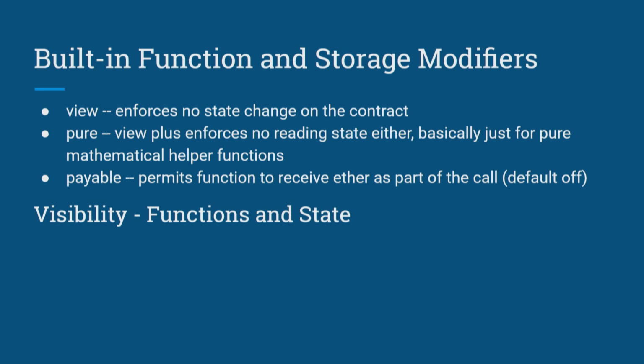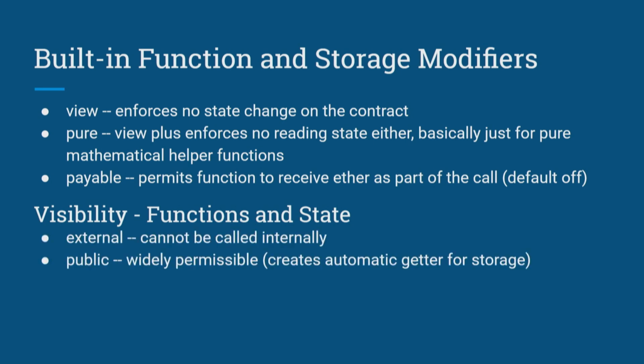And if your contract's not expecting to be paid, it doesn't generally have a way to pay it out. So that just gets lost when that happens. So you do want to be careful about that in general, and this is a good way to help make sure that you're only accepting funds when you're expecting it.